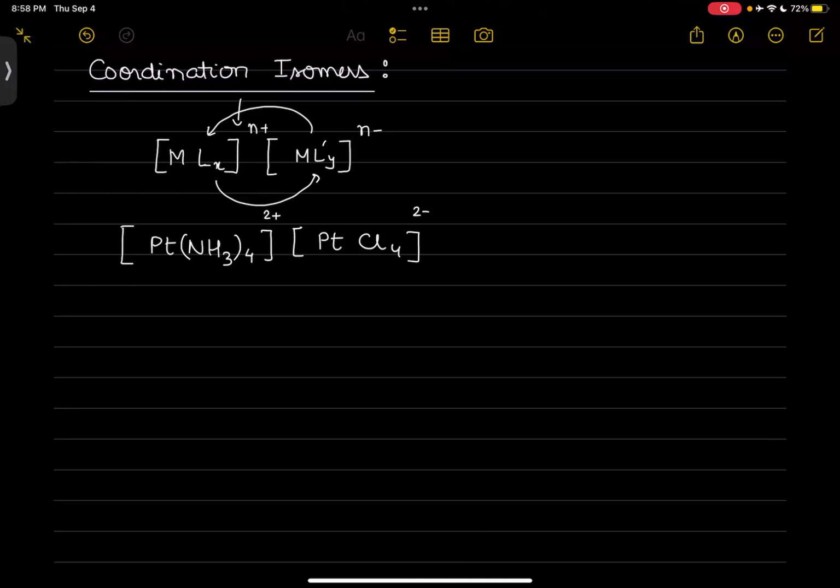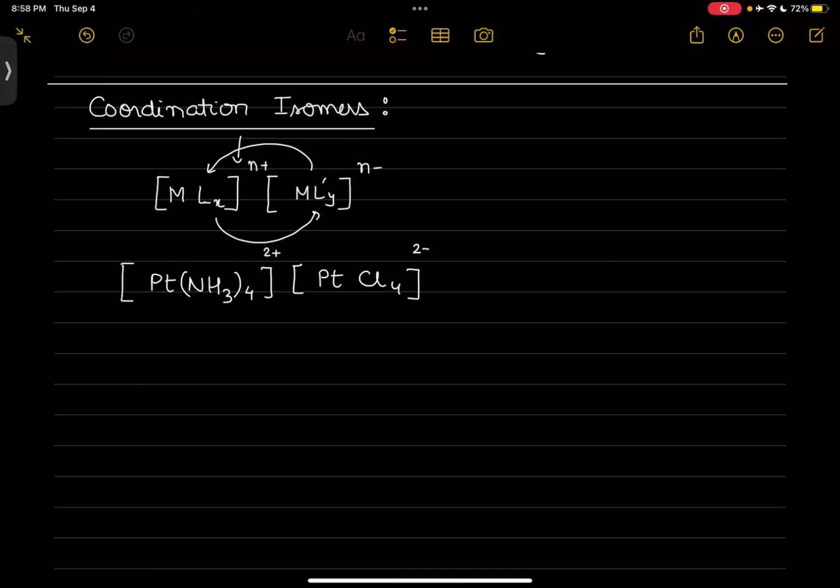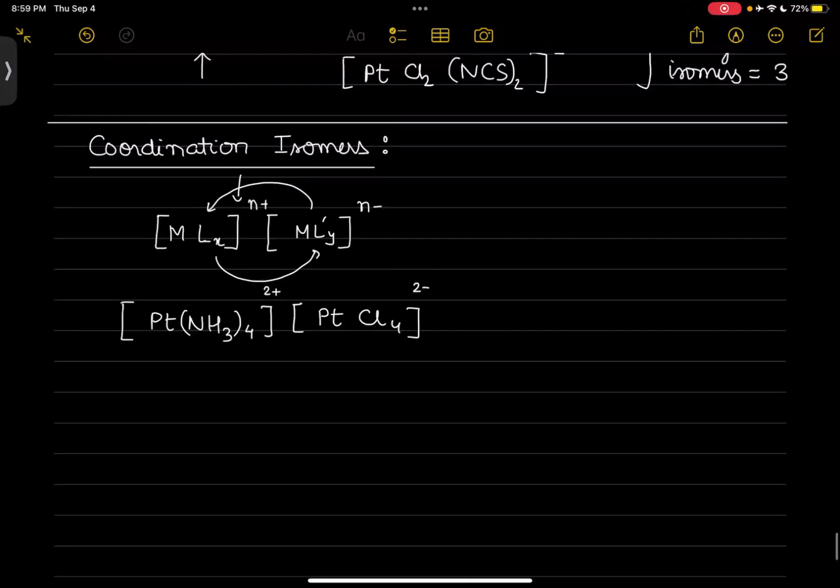So how many coordination isomers can we get? How many coordination isomers? Total number of coordination isomers we can make. How many are there? Understood my question? Two.